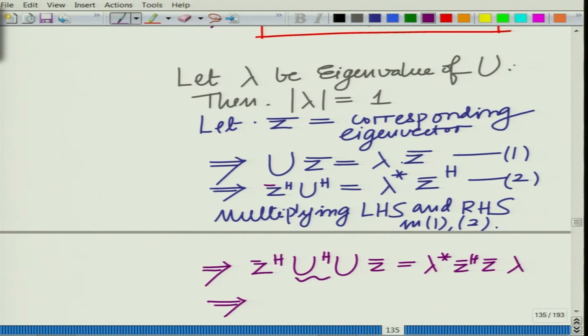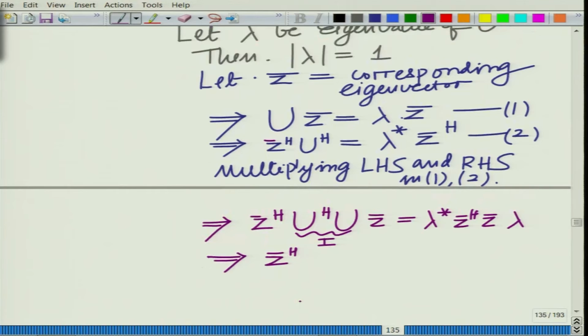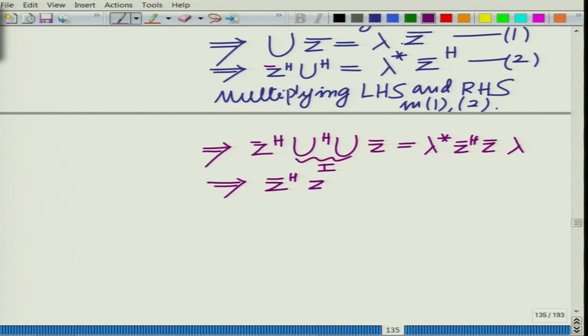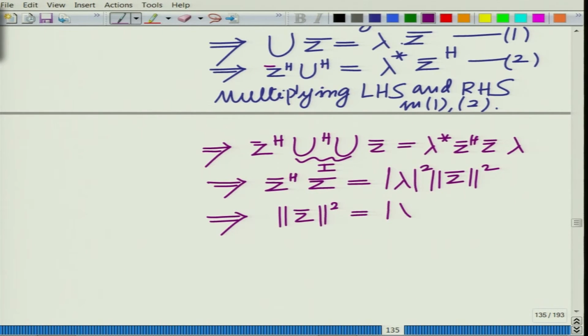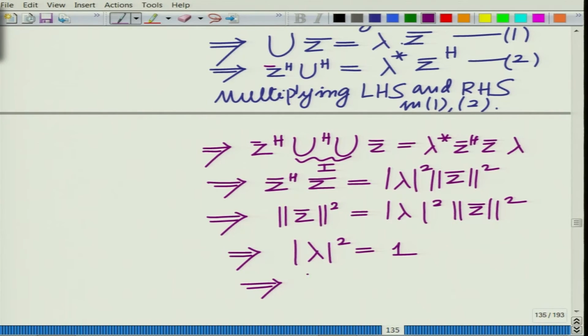Now we have U Hermitian U equal to identity. So, this implies Z bar Hermitian times Z bar equals lambda conjugate into lambda, that is magnitude lambda square into norm Z bar square, and on the left also you have norm Z bar square, Z bar Hermitian Z bar. So, norm Z bar square equal to magnitude lambda square norm Z bar square. This implies magnitude lambda square equal to 1. This implies that magnitude lambda equal to 1.